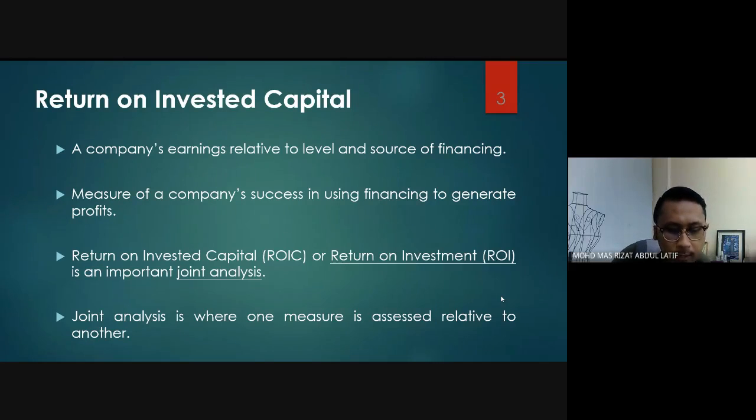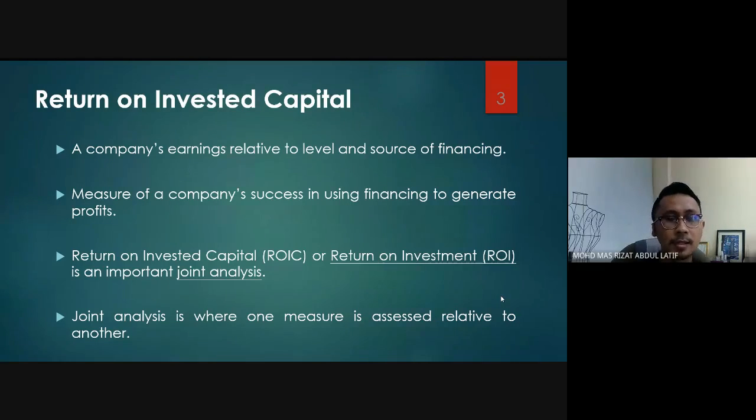Okay, now analysis of company performance demands joint analysis, where we assess one measure relative to another. So the relation between income and invested capital, referred to as return on invested capital, or ROIC, or return on investment, is probably the most widely recognized measure of company performance.